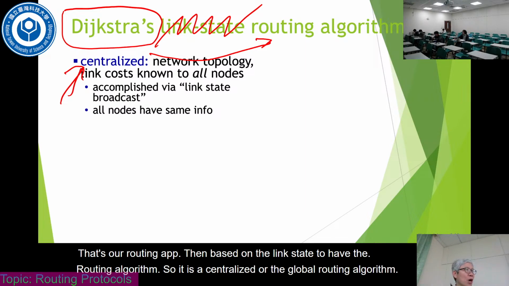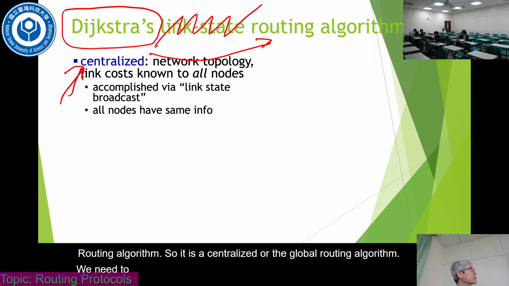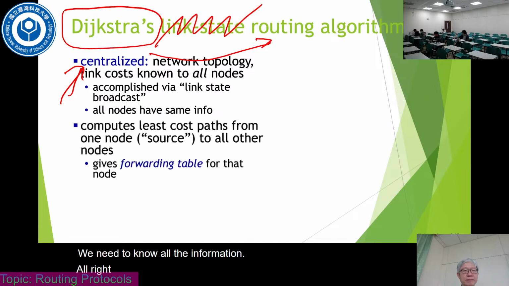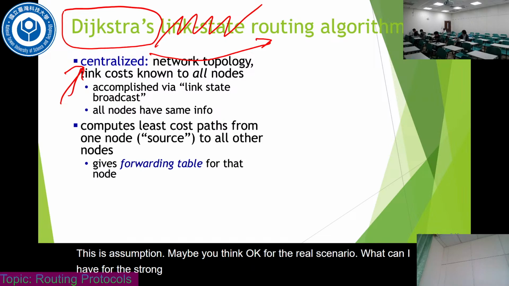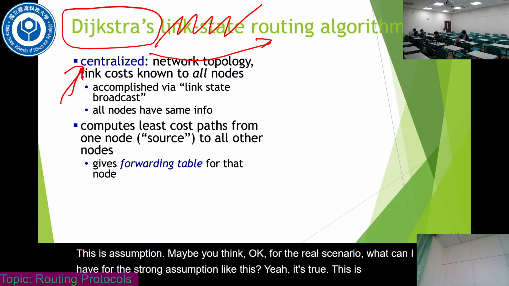We need to know all the information, containing all nodes. This is an assumption. Maybe you think that for a real scenario we cannot have such a strong assumption. Yes, it's true, this is a strong assumption.